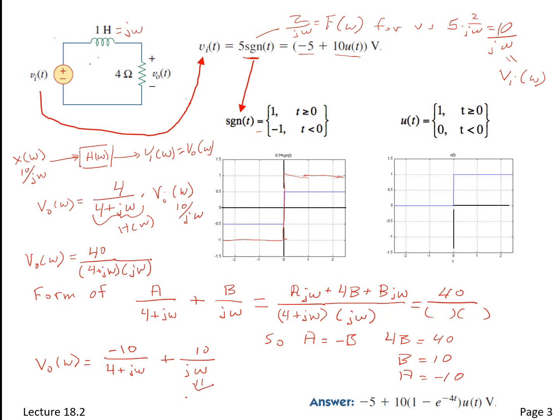So this is like 5 signum of t. And this is 4 plus j omega. It looks to me like this is going to be e to the minus 4t u of t. So minus 10 e to the minus 4t u of t.